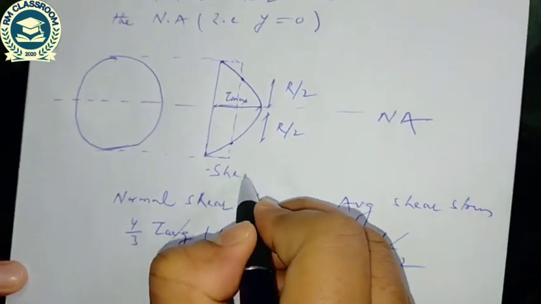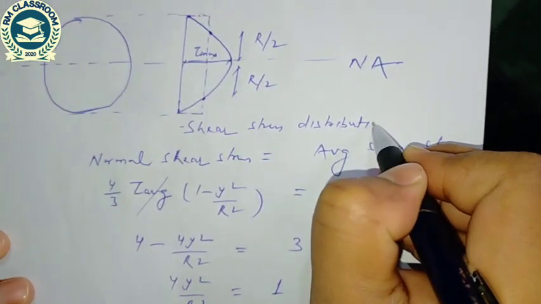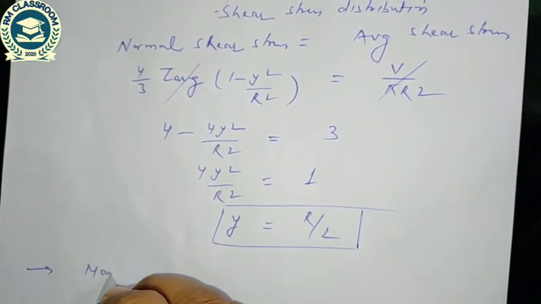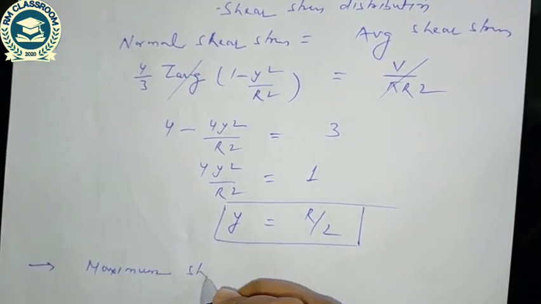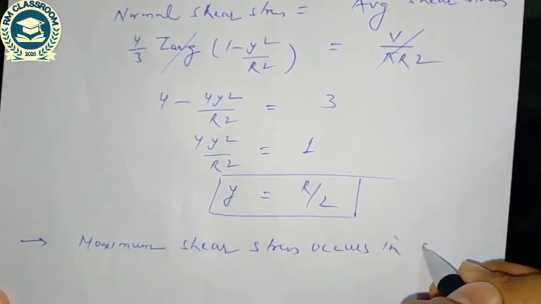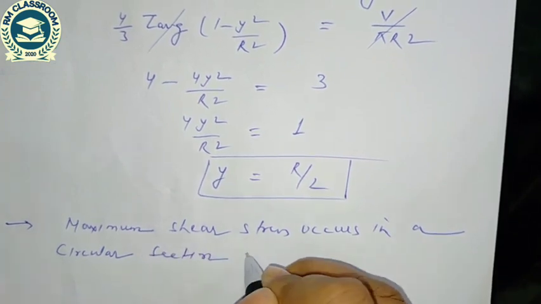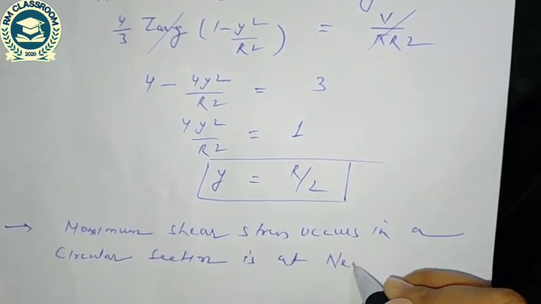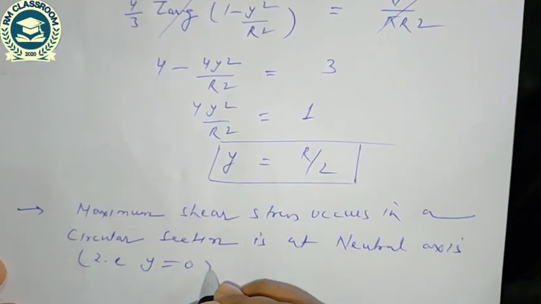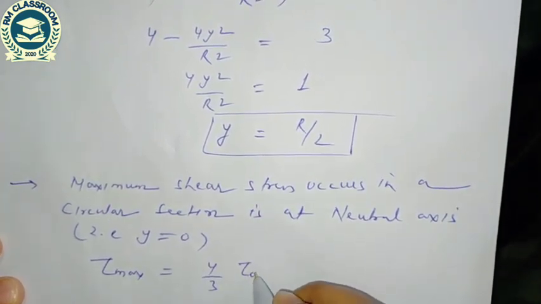So this is the shear stress distribution. So we can write some points. Maximum shear stress in a circular section occurs at the neutral axis, that is when y is equal to 0, and the maximum shear stress is 4 by 3 times tau average.